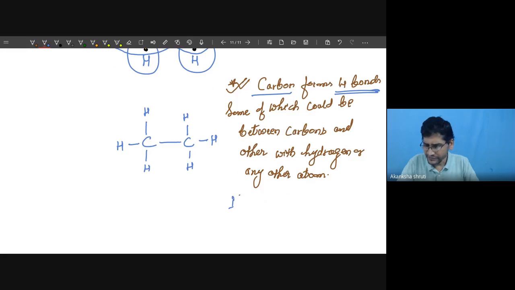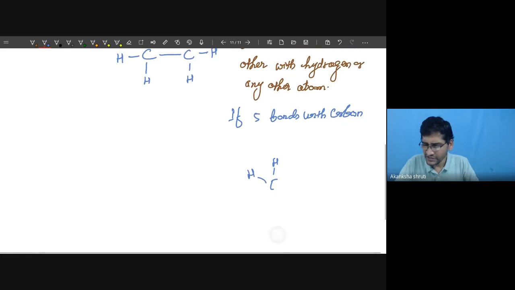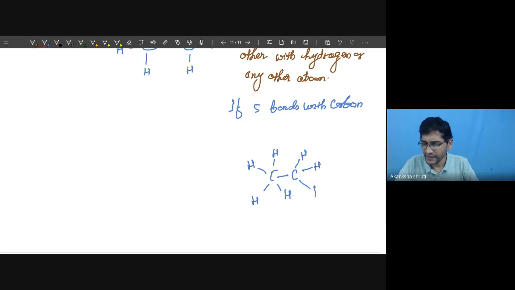Say I have drawn 5 bonds like this: C, H, H, H, C, H, H, H, and H. Is this structure possible, students? Can anyone answer? If not, then why?